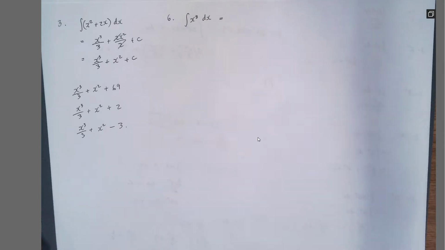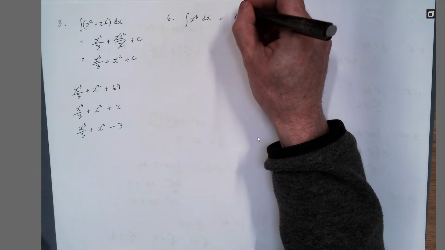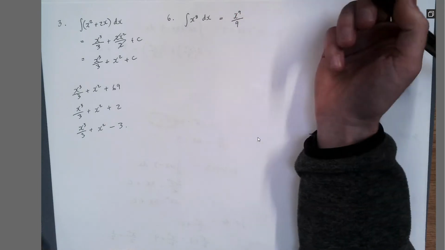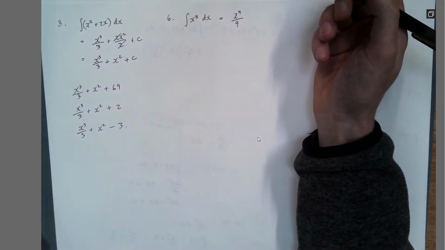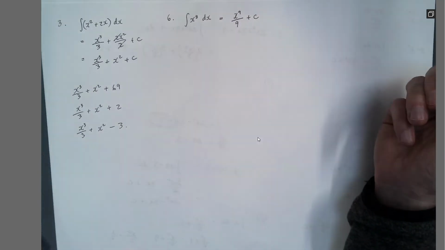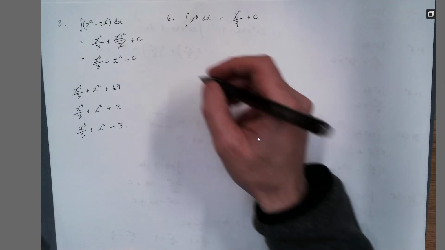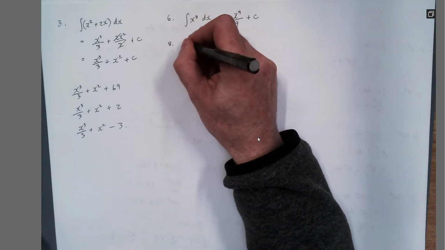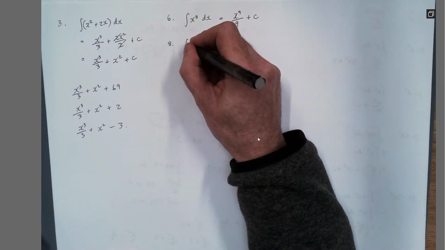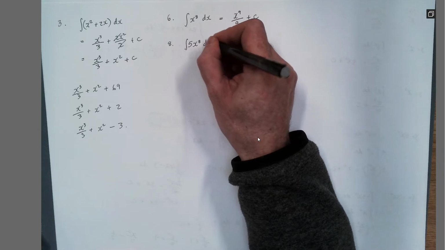x to the power of 8 becomes x to the power of 8 plus 1, which is 9, so x to the power of 9 over 9, plus c. That's always the case. Next, the integral of 5x to the power of 8 dx.